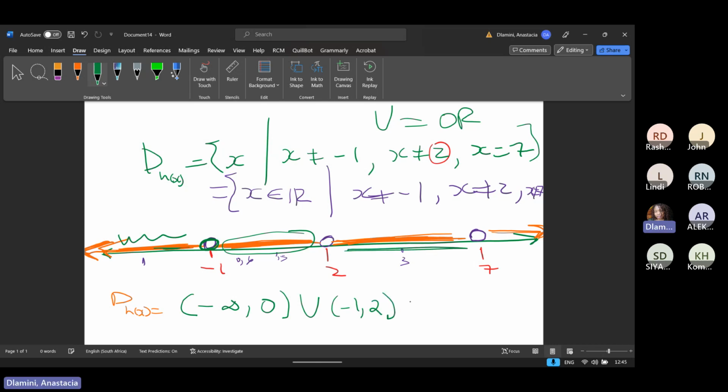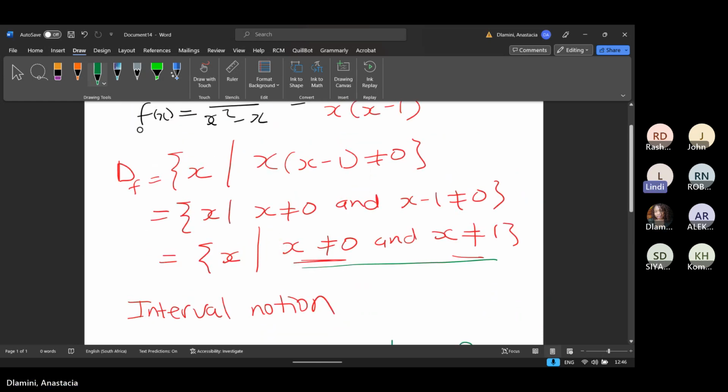Or, the function is defined between 2 and 7. Or, the function is defined from 7 to infinity. Do you see that? Guys? Yes. Thank you. Right.